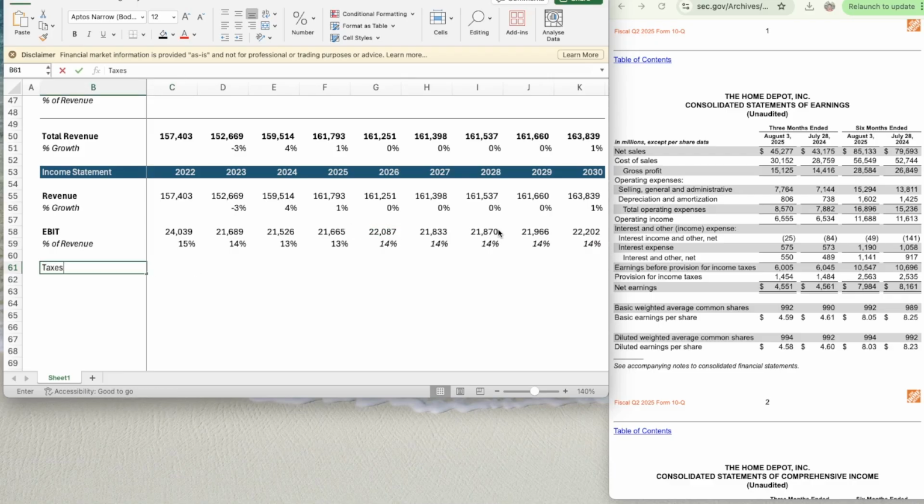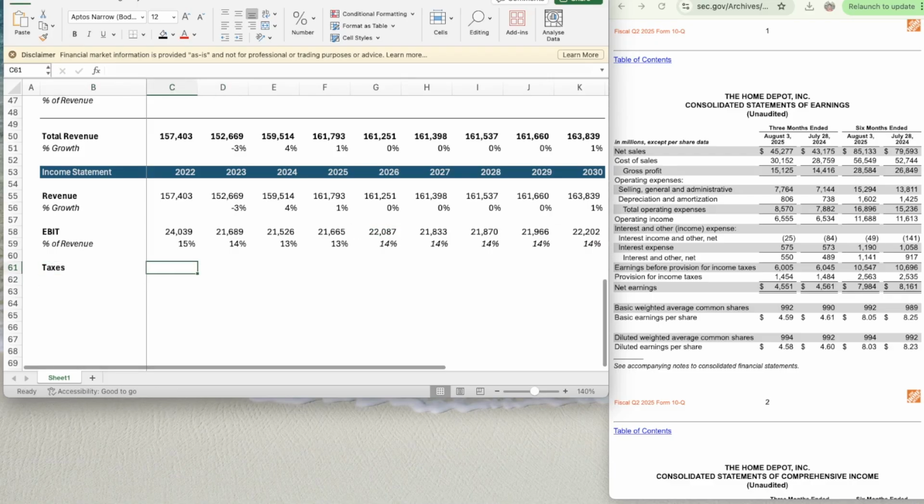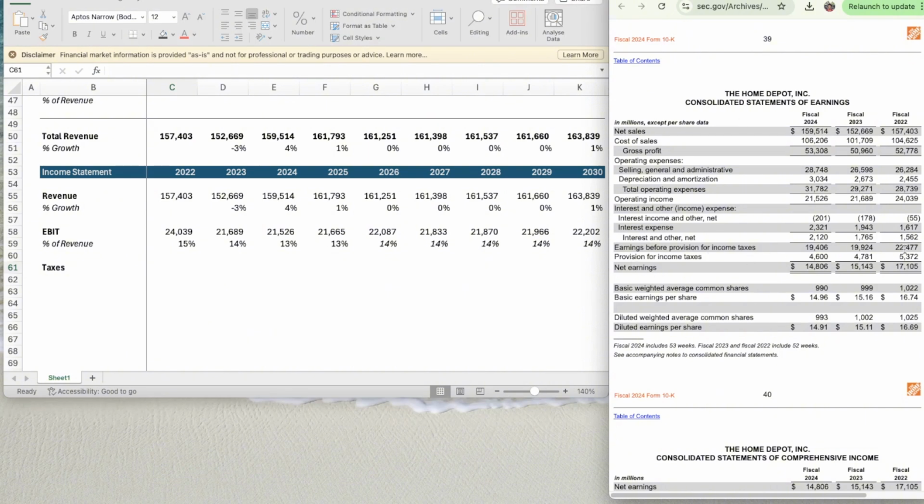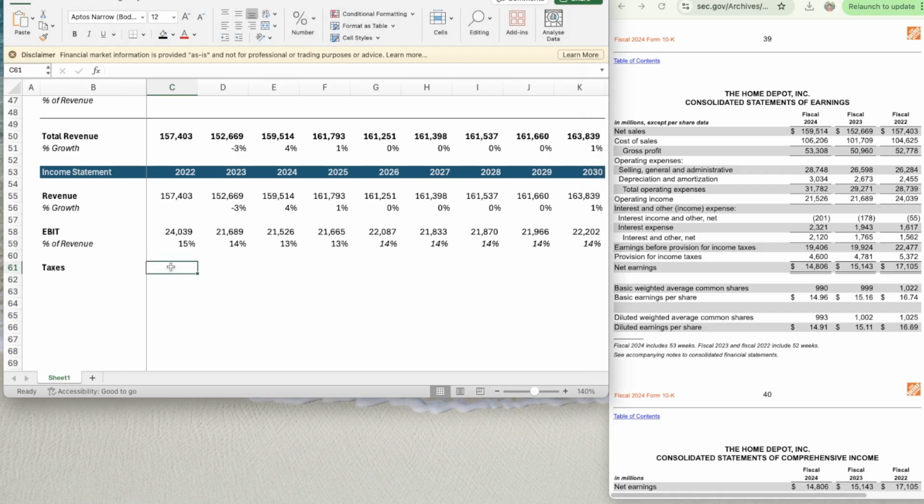Now we take taxes. So for last year, provision for income taxes, that's what we want. So for the 22, 23, 24, 5372, 4781, 4600.